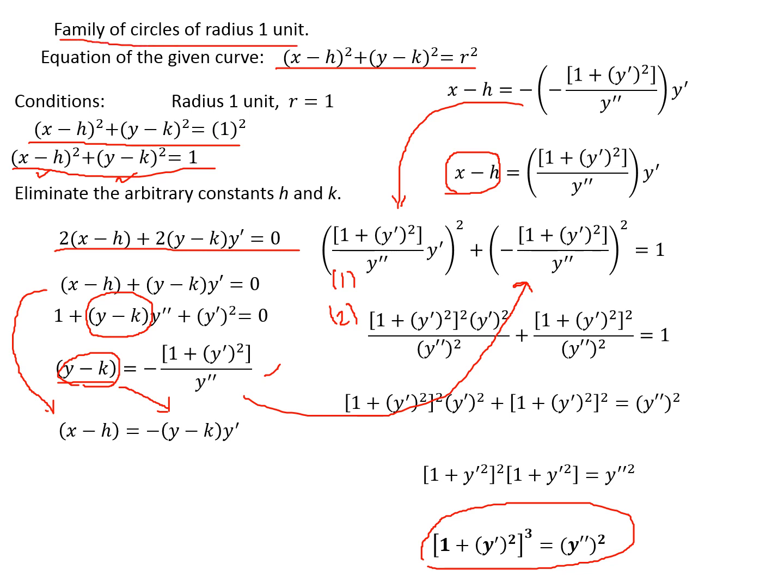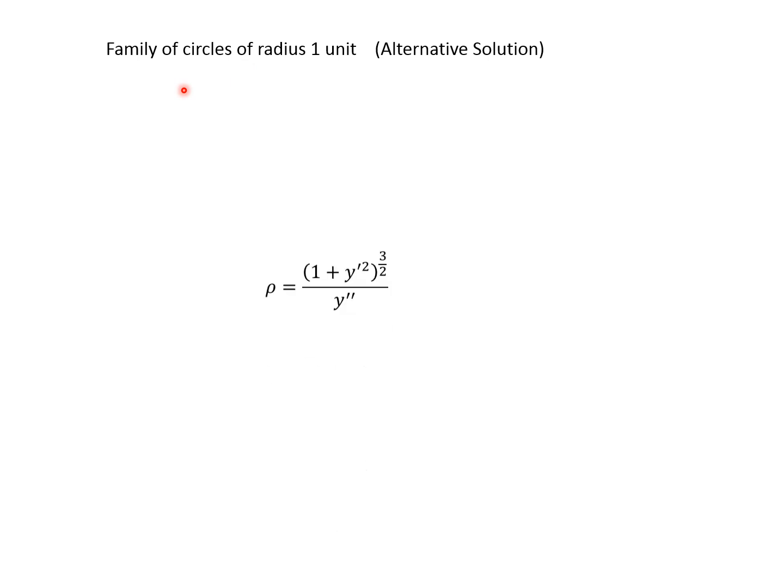Now, an alternative solution of this one. From your calculus, you remember this formula, the radius of curvature formula: rho is (1 plus y prime squared) to the 3/2 over y double prime. Of course, our radius of curvature is 1 there. So you notice that we already have the differential equation.